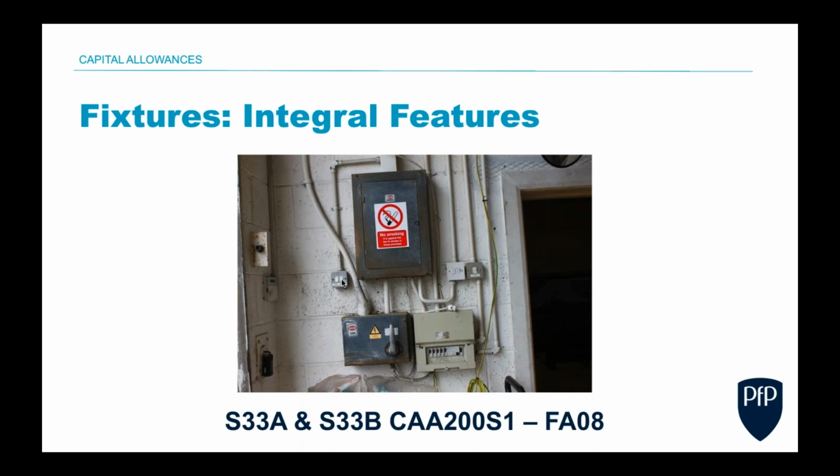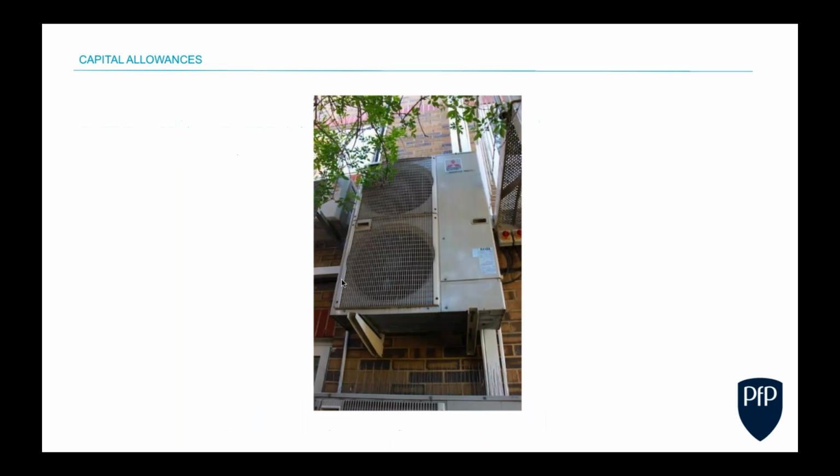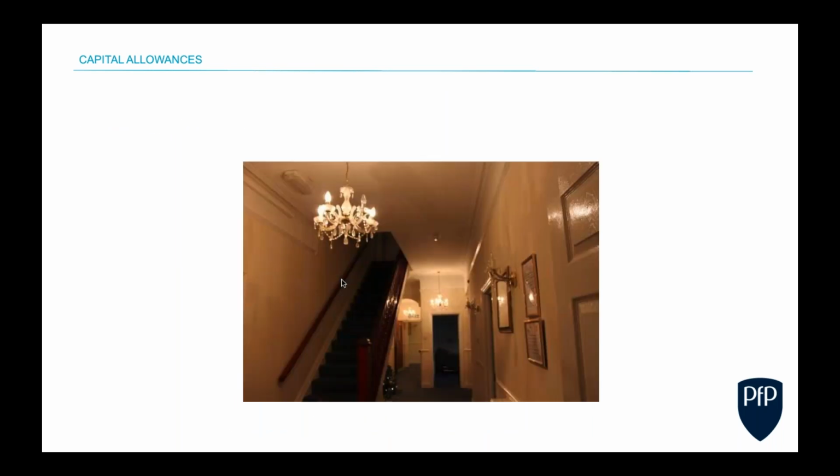That was now written into Section 33A and 33B in the Capital Allowances Act. So, as I mentioned, air conditioning is an integral feature. In this picture here, you can see a chandelier within a circulation area of a hotel, in the hallway, which in this setting, within the leisure industry, potentially qualifies for capital allowances. If this was a shoe factory, okay, it's very difficult to argue that you have a business use for this chandelier.